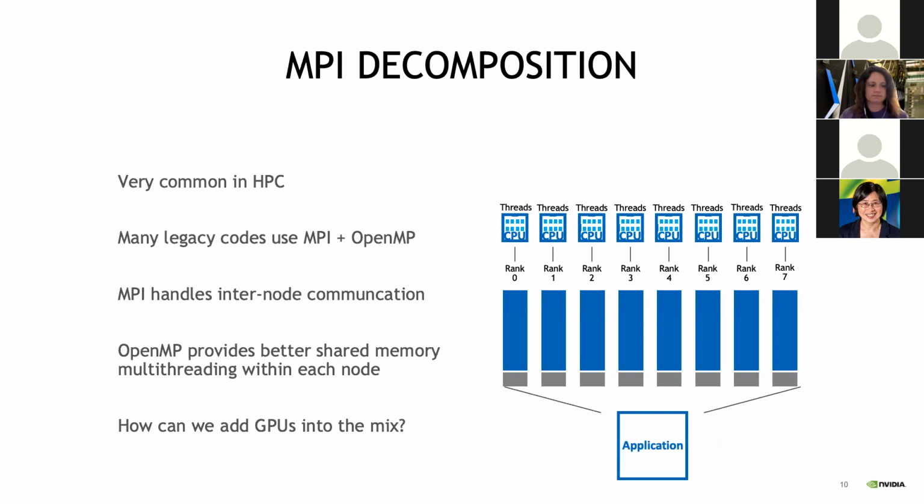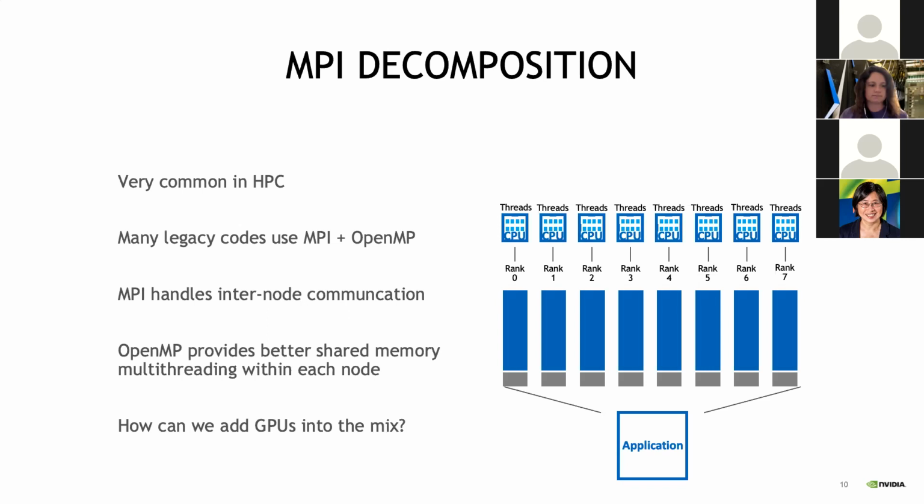Some applications just use pure MPI parallelism for the CPU side of things, and that's okay. In that case, the multi-threading component of this lecture is probably not relevant, but a lot of legacy HPC codes like to use OpenMP for their on-node shared memory multiprocessing.